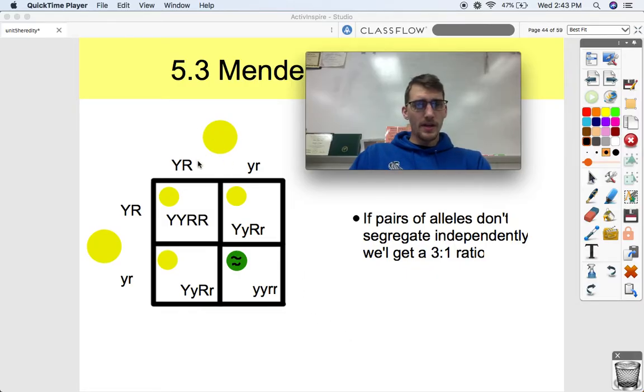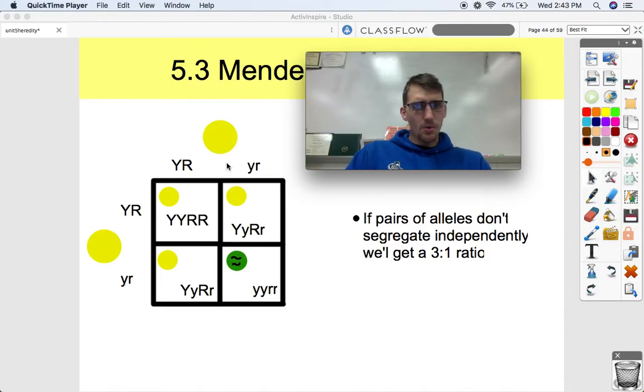So if the dominant alleles segregate together and the recessive alleles segregate together, then we will end up with that 3-to-1 ratio. That's what this law of segregation means, that it's completely random which alleles will go into which gametes.